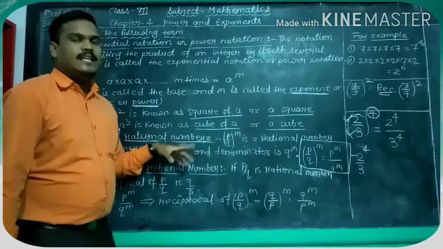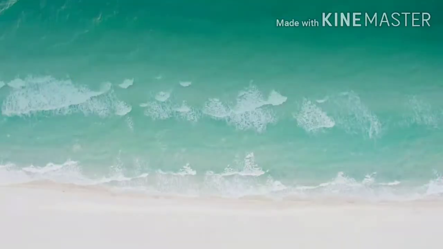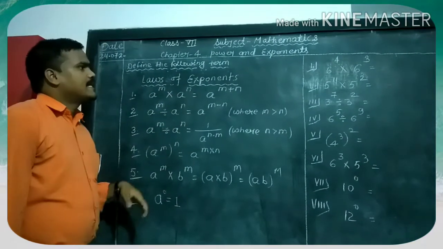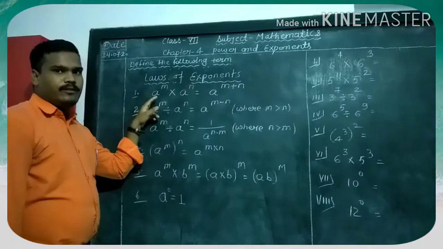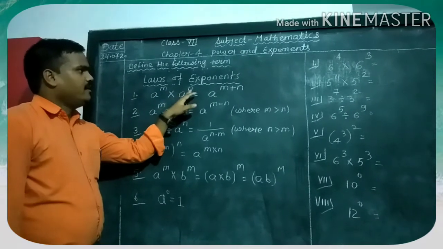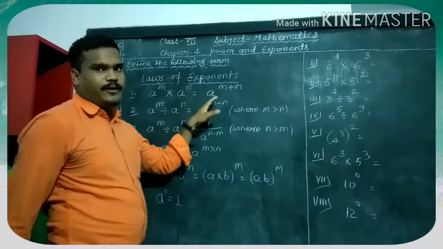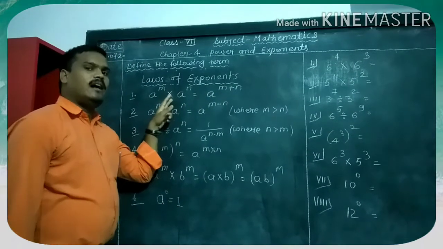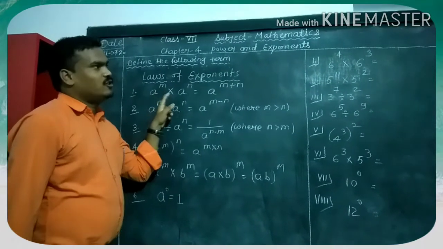Now let us see another part. Your new topic, laws of exponents. If a to the power m is multiplied by a to the power n, then we can write a to the power m plus n. Let us understand this point through an example.